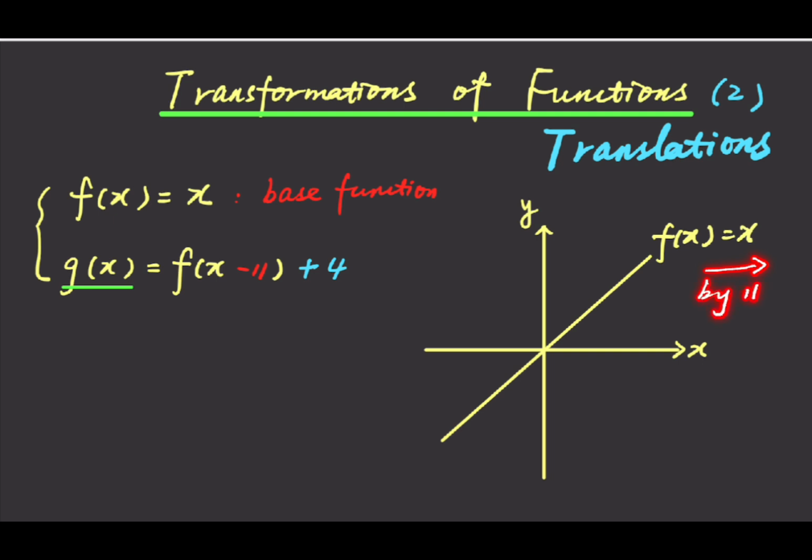by 11 units. This x should be greater than this x0. The difference is 11. x equals x0 plus 11. For every x0 on the original function, the corresponding x0 plus 11 should be here.